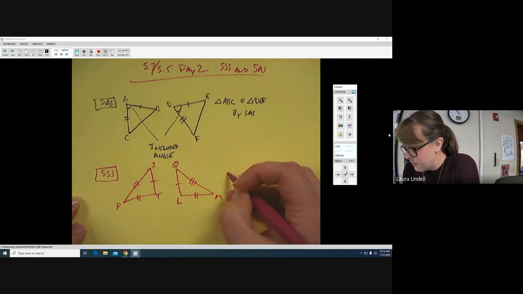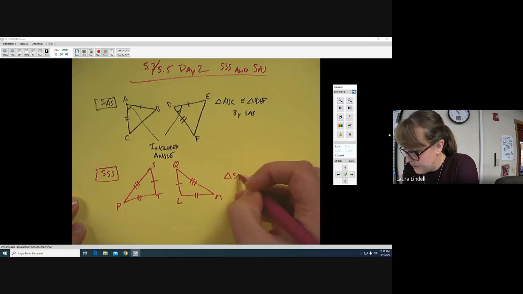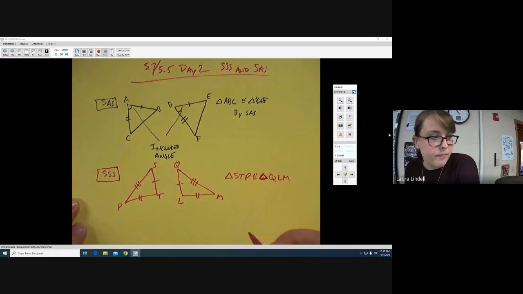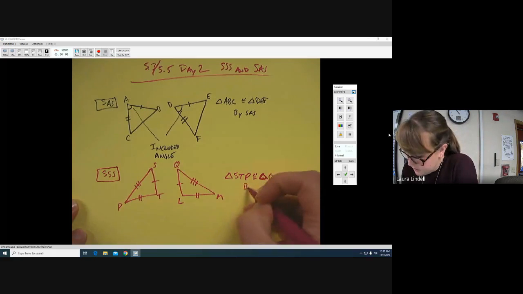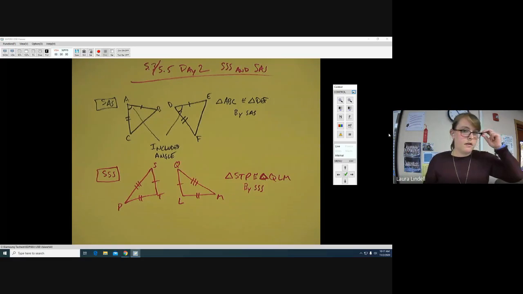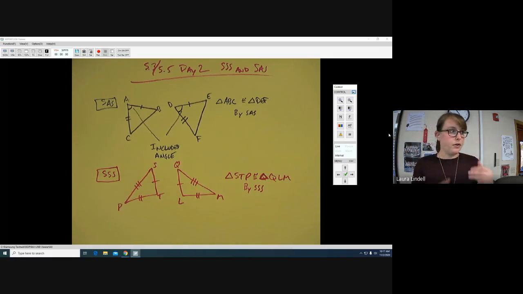So I could say something like triangle STP is congruent to triangle QLM by SSS. Okay, so that's a quick refresher of what those two postulates were from Friday.